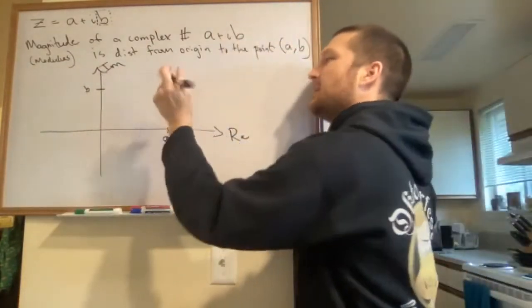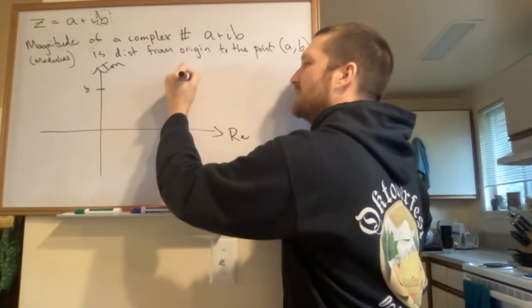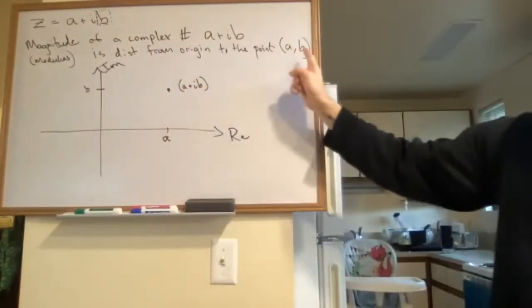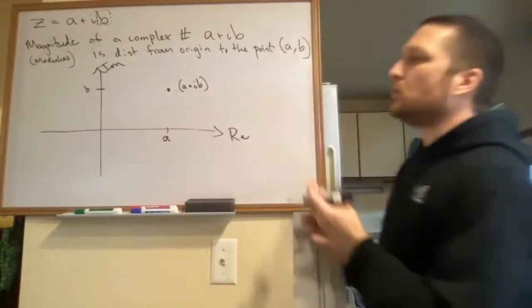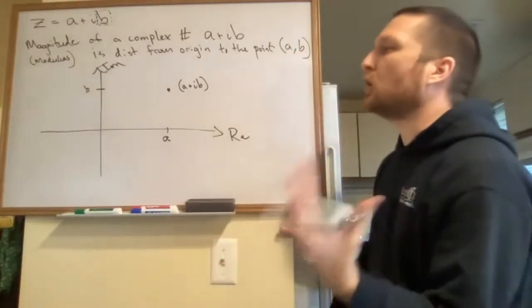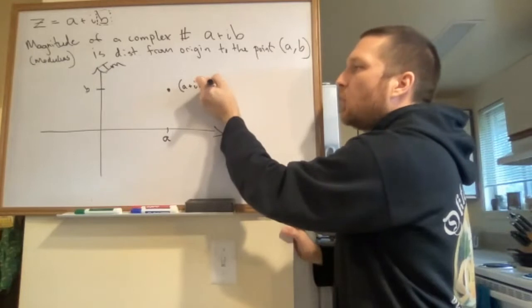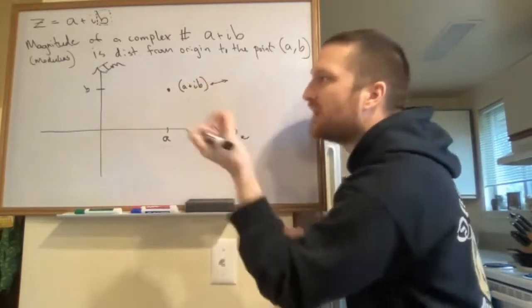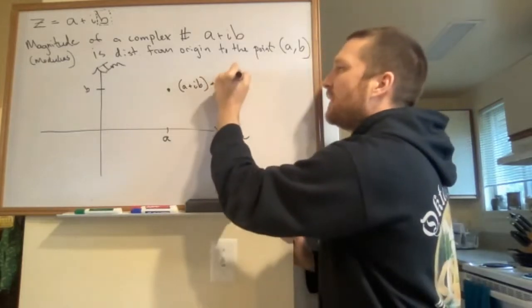Then that is the point A plus iB, which corresponds exactly to what we've been doing all along.